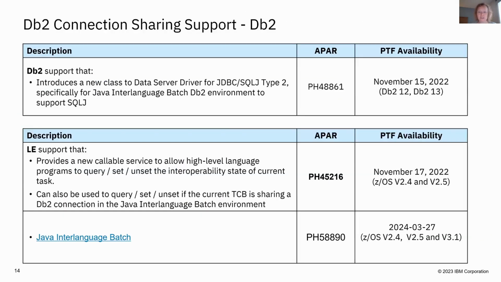Because it's so hot, you see the last PTF, PH58890, was just delivered a few weeks ago. So it's very recent. I also added the link to the Java interlanguage batch documentation. If you follow this link, it brings you to the documentation, which has all the details in it.